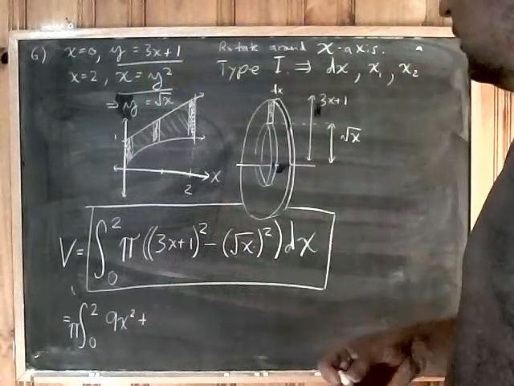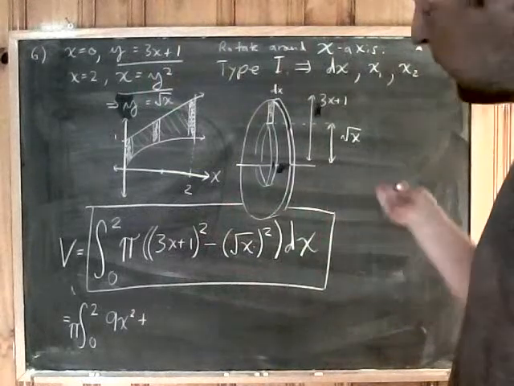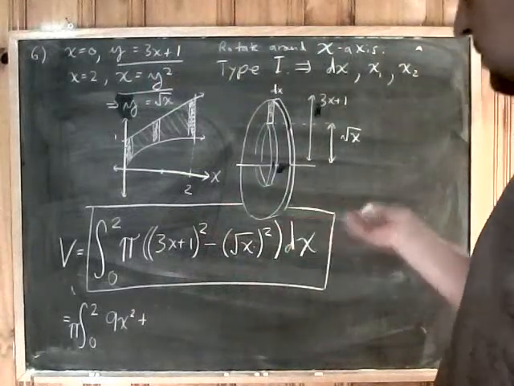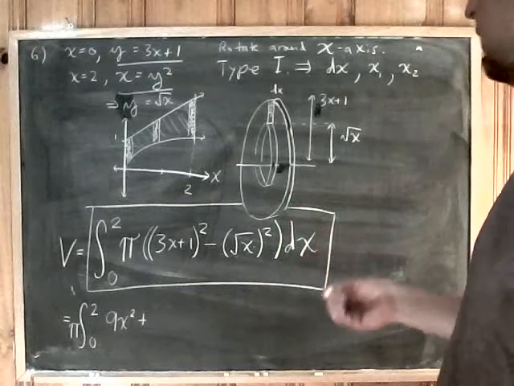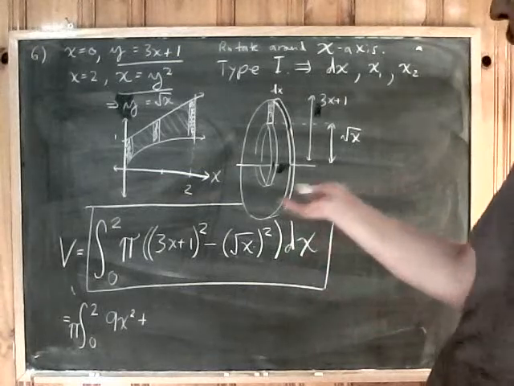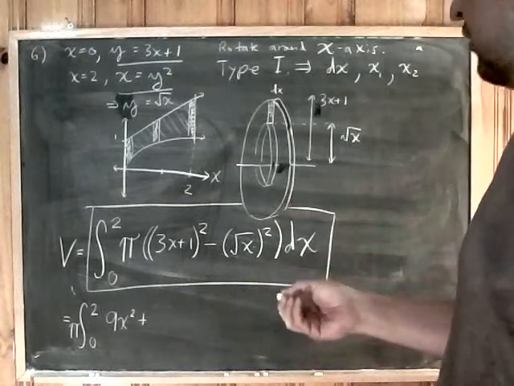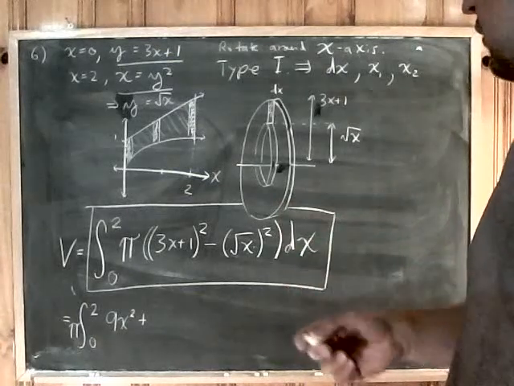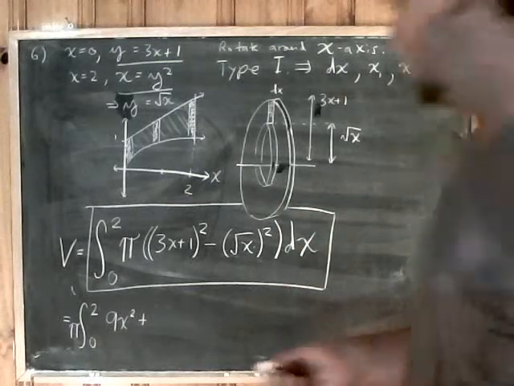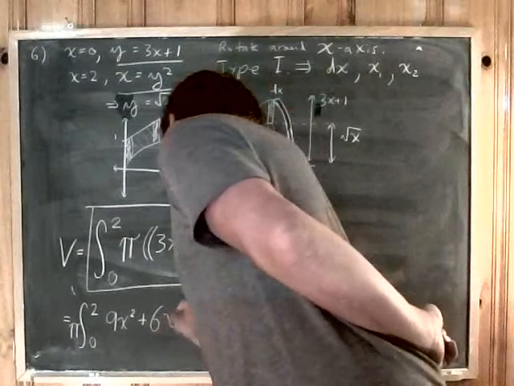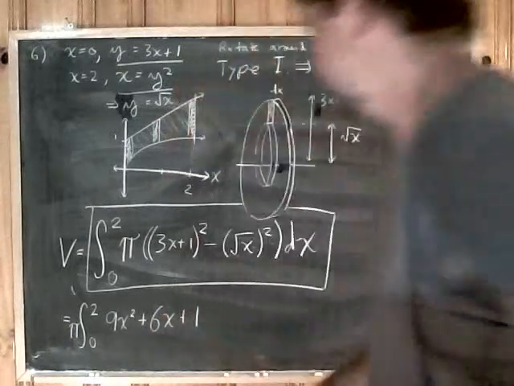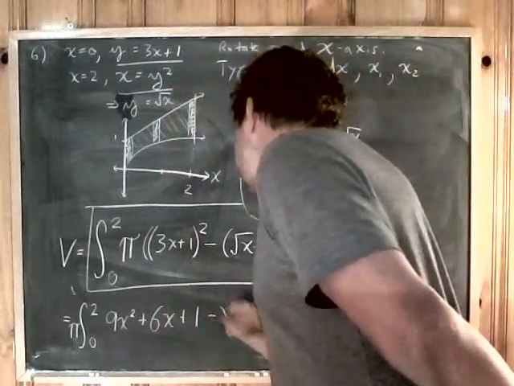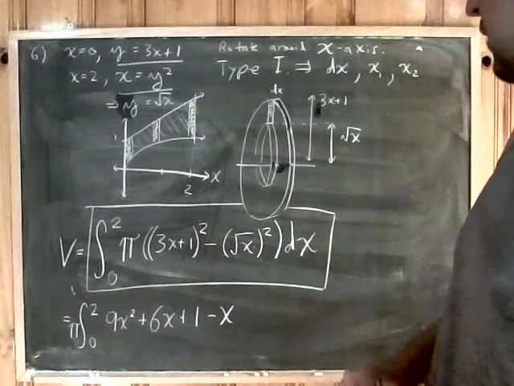It also turns out that you always have the first one squared, since it's 3x plus 1 times 3x plus 1. Then you have twice the product of the two, because you have the inner and the outer are both going to be 3x times 1. So I get 6x and plus 1 and minus x from the square root of x squared.